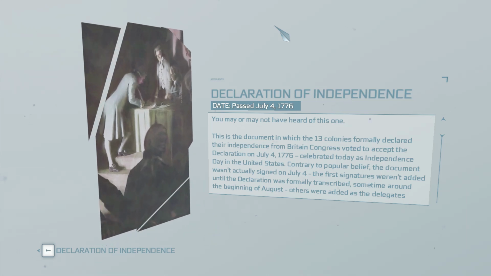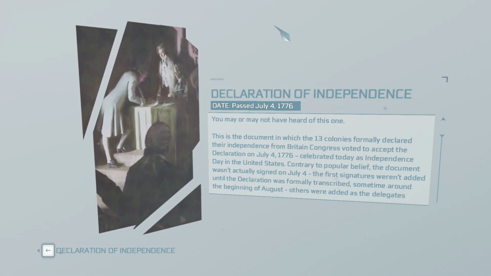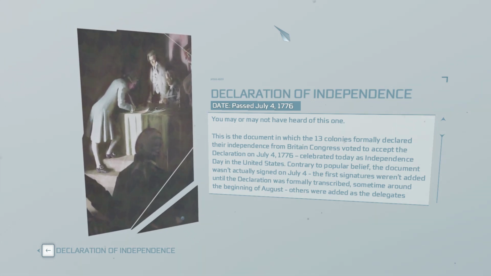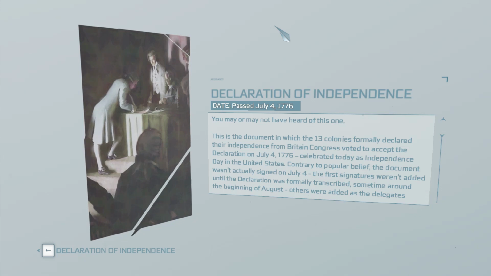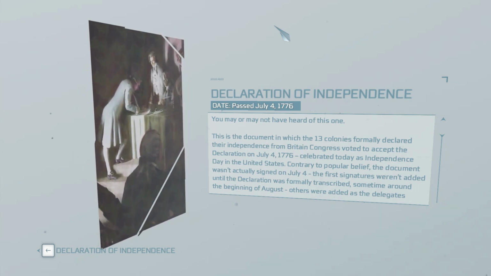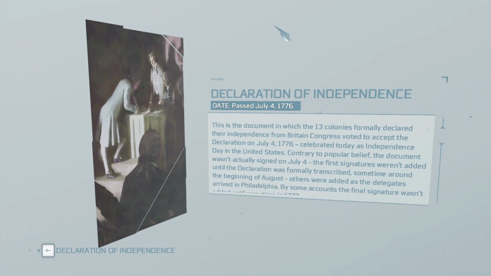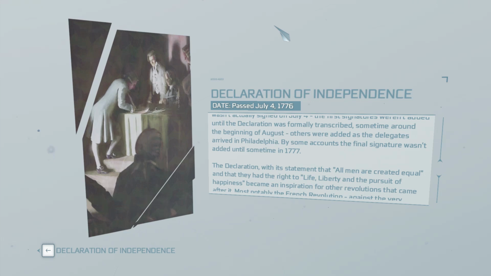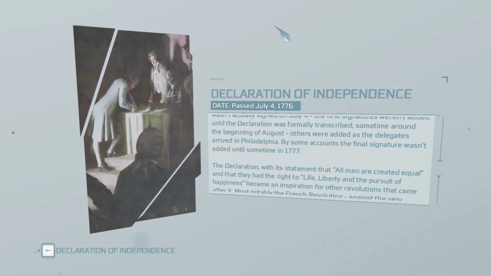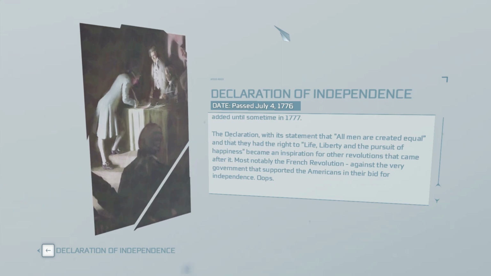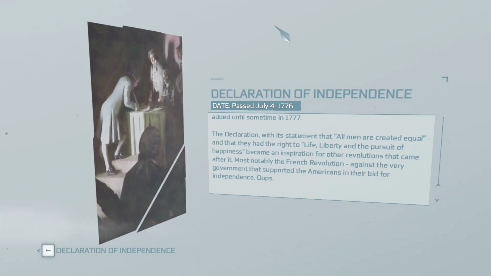Contrary to popular belief, the document wasn't actually signed on July 4th. The first signatures weren't added until the Declaration was formally transcribed, sometime around the beginning of August. Others were added as the delegates arrived in Philadelphia. By some accounts, the final signature wasn't added until sometime in 1777.